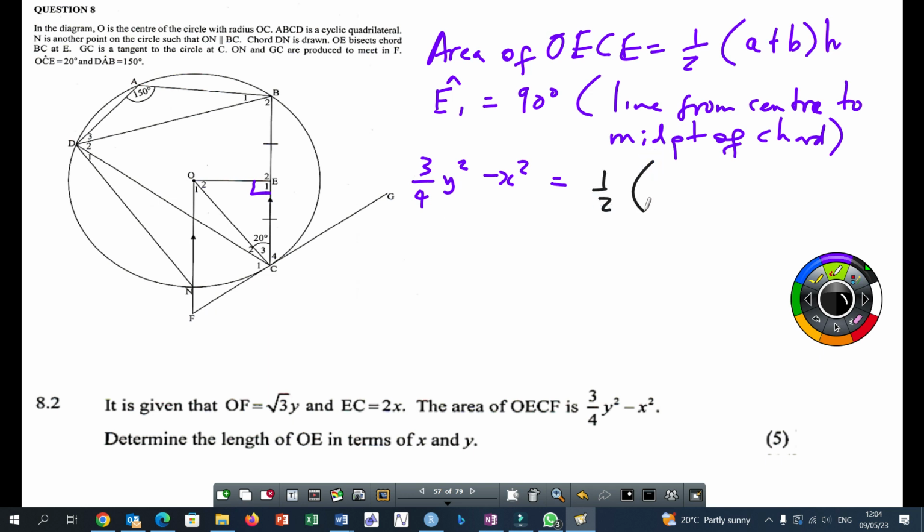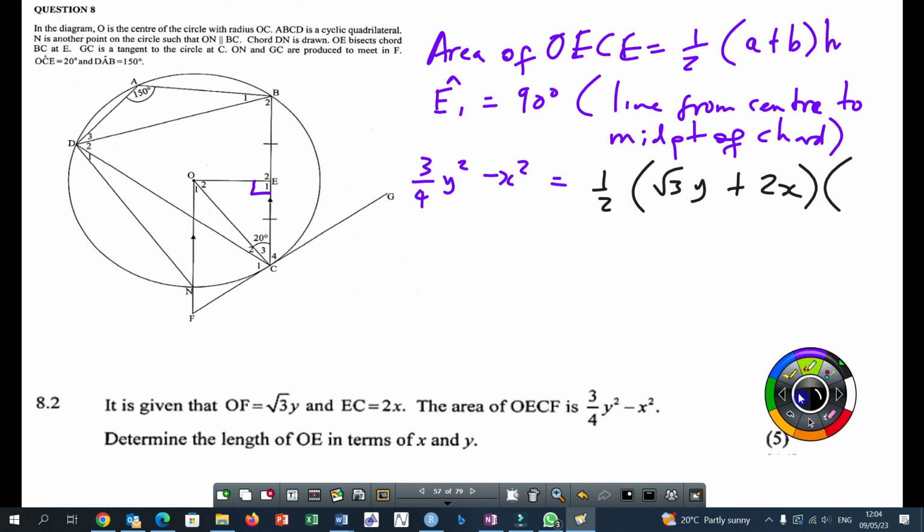Now A, if I consider OF as my A, so that will be square root of 3y plus, if I consider EC to be my B, okay, so that will be 2x times the height H. Well, the height H here is going to be OE.